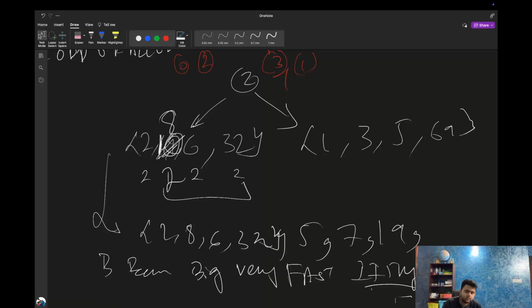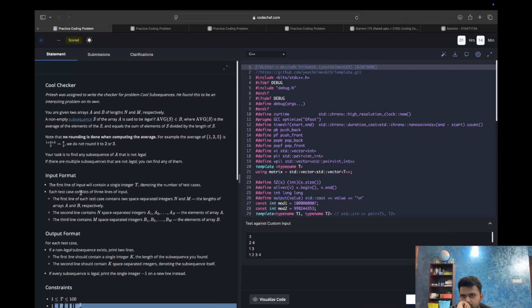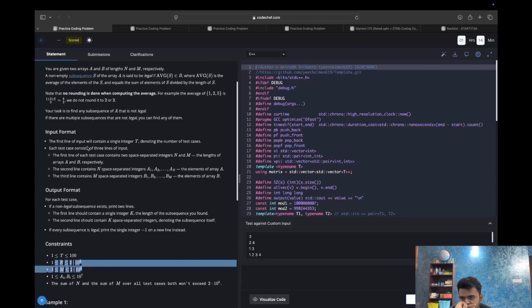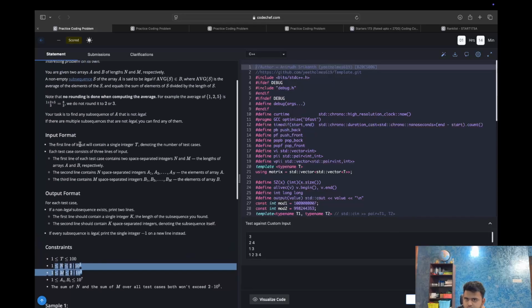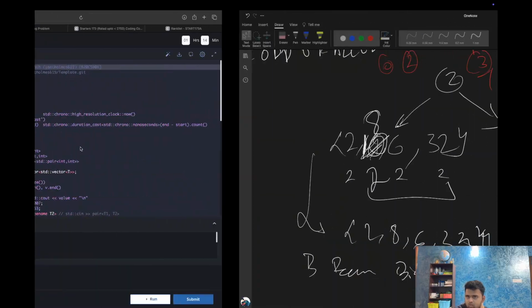Are there any conditions on them being distinct elements? No conditions.